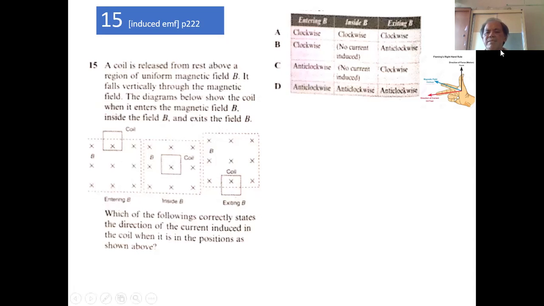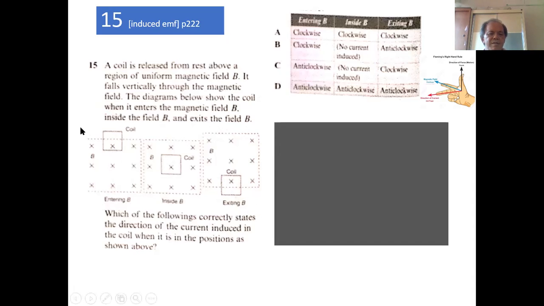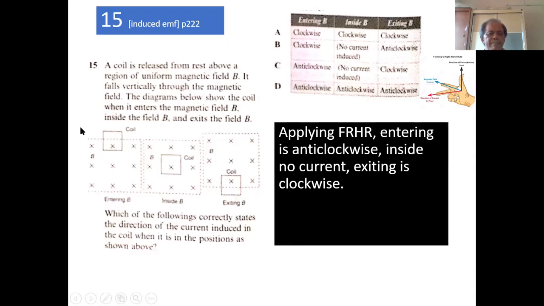Using Fleming's right-hand rule. The field is going in, and it's moving down. Inside, there's no current. So when it's entering, it's anti-clockwise.